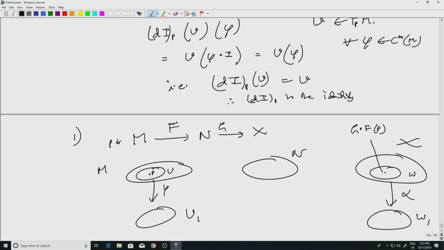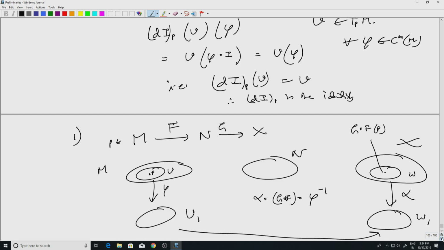And I want to look at alpha composed with G composed with F composed with phi inverse. That would be a map from here to here. So I'm interested in checking that this map is smooth. What one does is something that we have seen earlier. Let me move on to the next page.